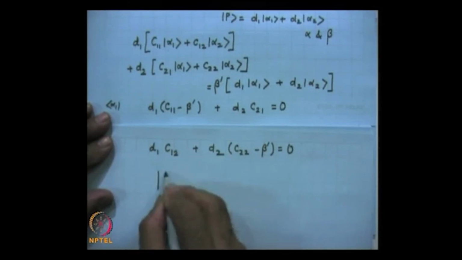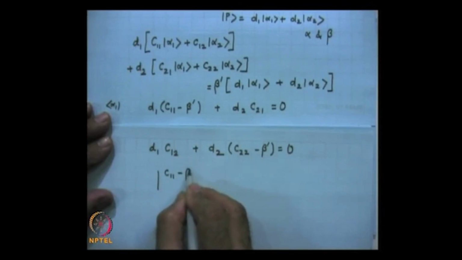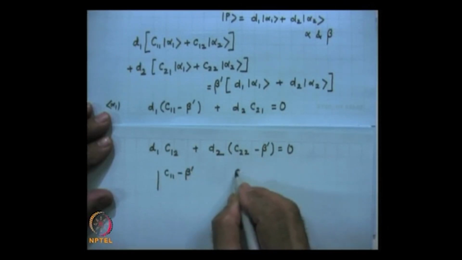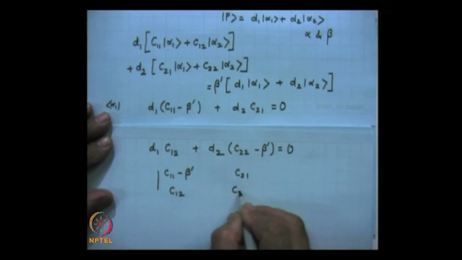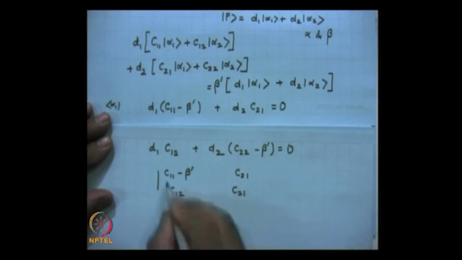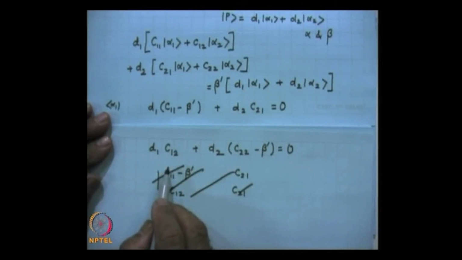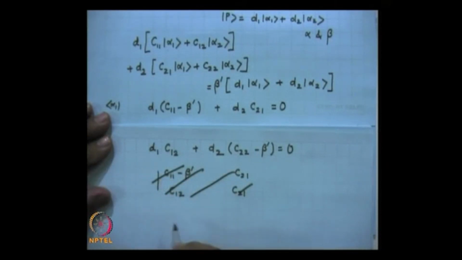So, we will have the determinant with entries C11 minus beta prime, C21, C12, and C22 minus beta prime.